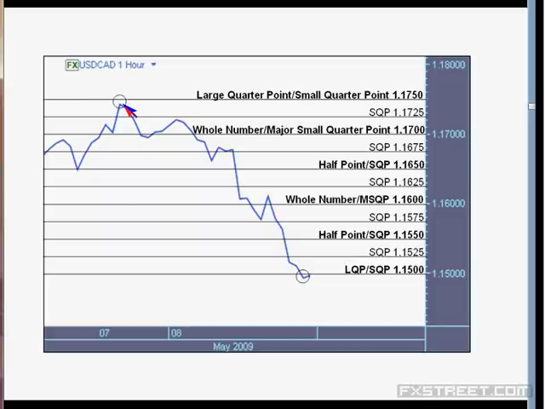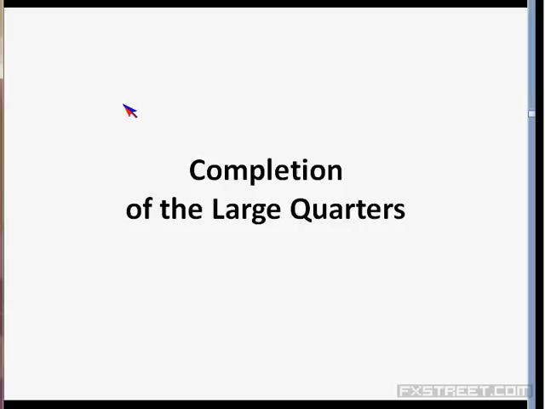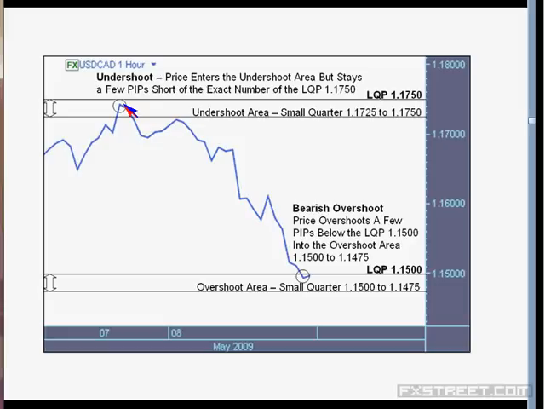the quarters theory designates the range of one small quarter of 25 pips above or below a targeted large quarter point, and as soon as a price is reached that falls within 25 pips or one small quarter from a large quarter point, then we consider the large quarter as successfully completed.